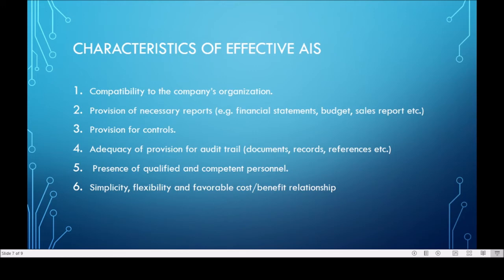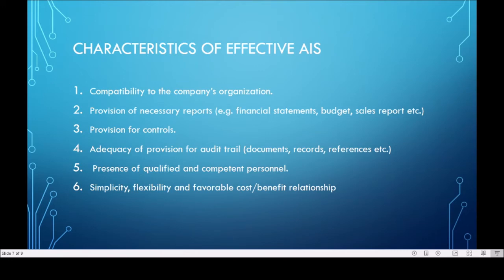Take note, these are two different industries and even two different organizations, and these two have their own objectives, mission, and goals. So the accounting information system must be compatible with the company's organization.